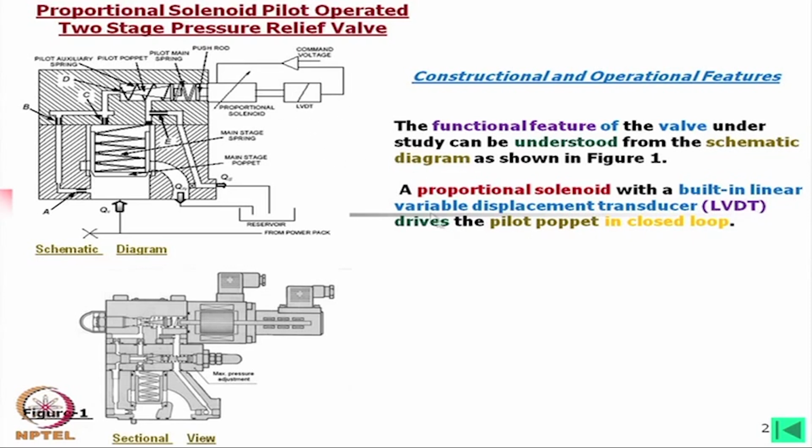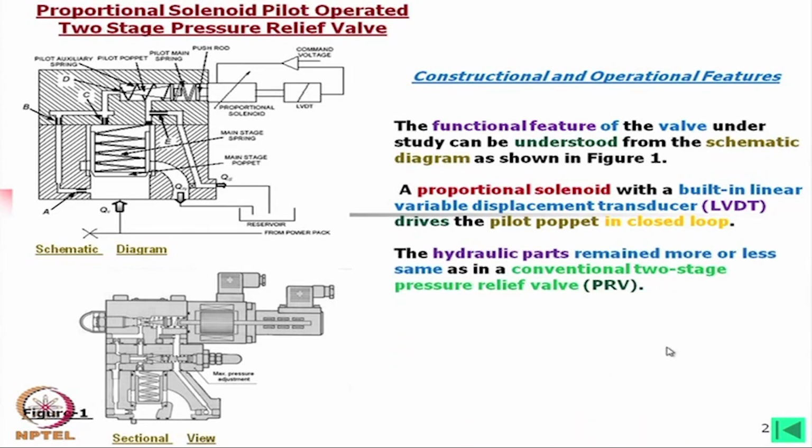This LVDT transducer monitors the position of this spool, and for this it is a closed loop. Whether this valve is closed loop or open loop depends on how we connect this control, the driving current which we are supplying. However, the position transducing is closed loop.